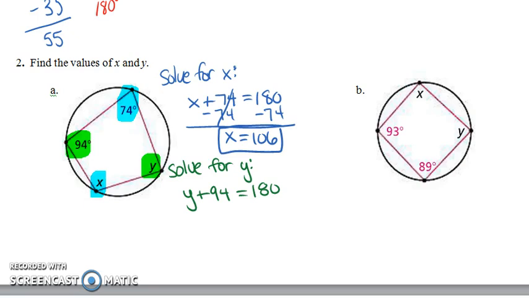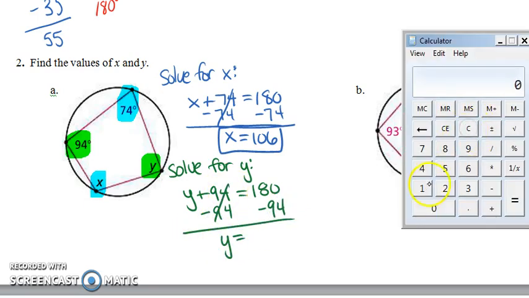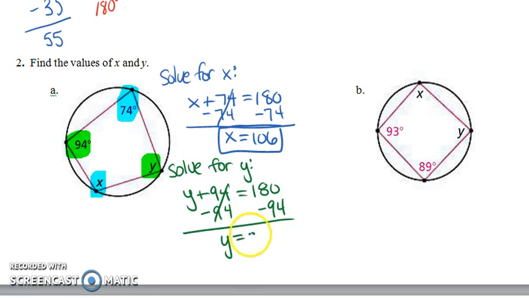And then down here, solving for y, I'm going to take away 94 from both sides, and 180 take away 94 gets me 86, meaning y is 86. And similarly, you would do the same for example B, and I will save that for you to try on your own or with your groups.